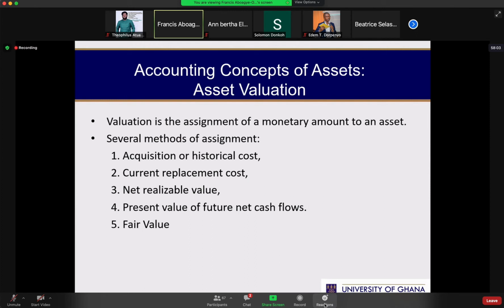Then you can talk of the current replacement cost. The current replacement cost has to do with the cost of the asset at its current state, but not a new one. So if you have an asset and you have to replace it at its current state, but not with a new one, then what will be the cost?